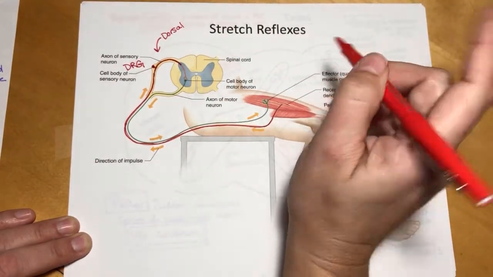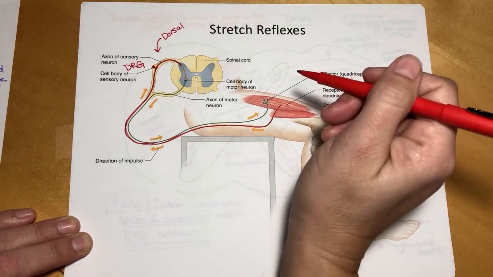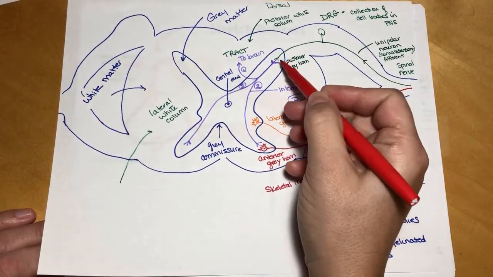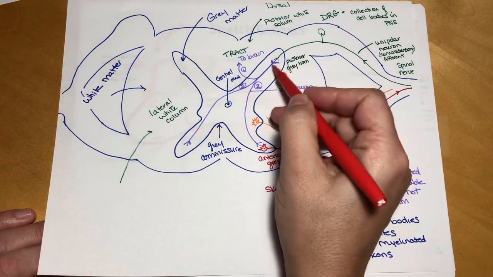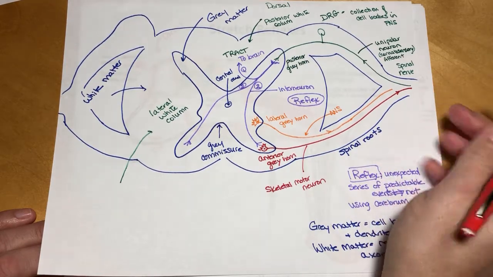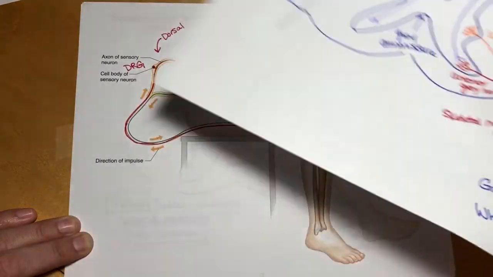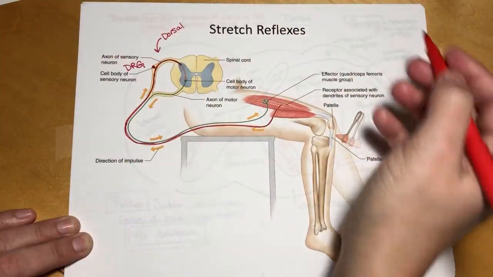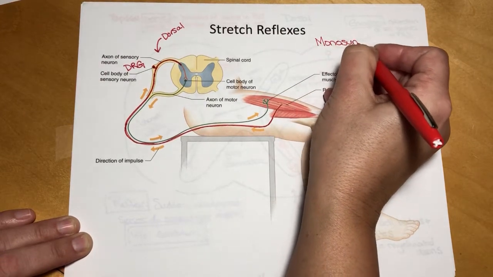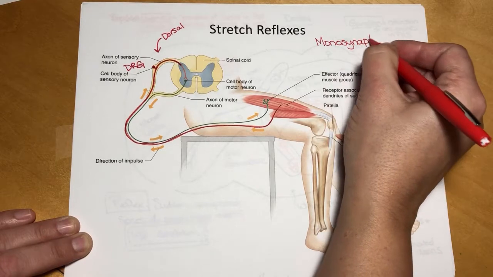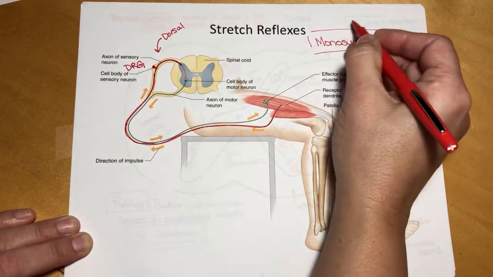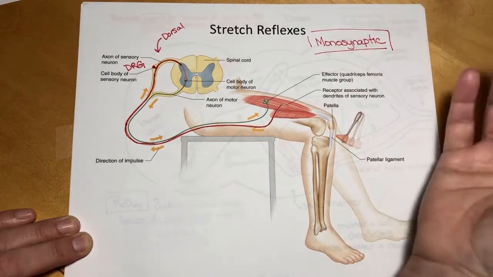Now this one is very special and very simple. Remember before we talked about interneurons, and how the sensory information comes in and synapses with an interneuron, then some other stuff happens and then the motor neuron takes things out. In a stretch reflex, it's what we call a monosynaptic reflex. We know what mono means, that's one, and a synapse is a synapse.